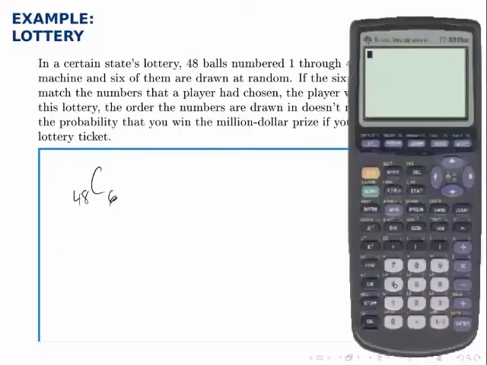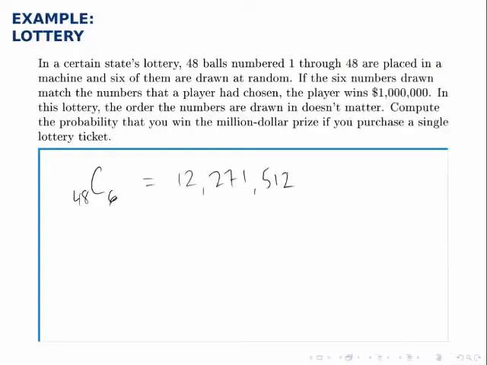If we use the calculator, 48 is n. Go to the Math Probability menu, select nCr, 6. There are 12,271,512 ways that you can select 6 numbers out of these 48 numbers. That's the number of total possibilities for what could come up when these 6 numbers are drawn.